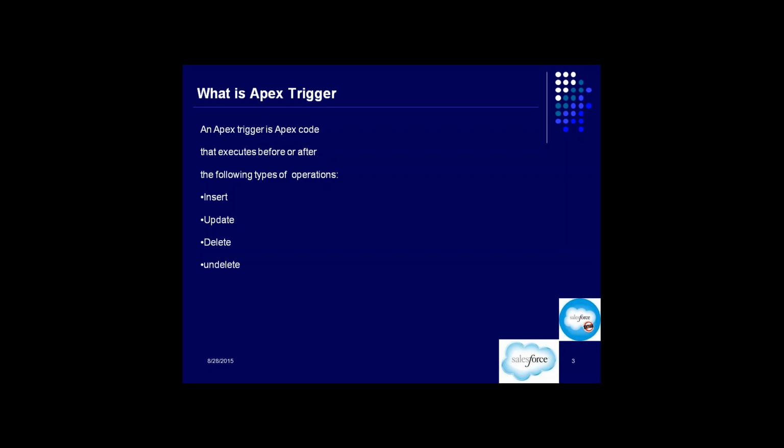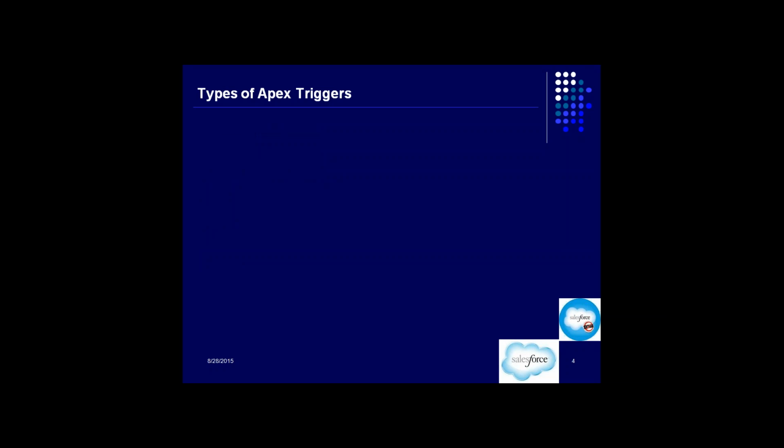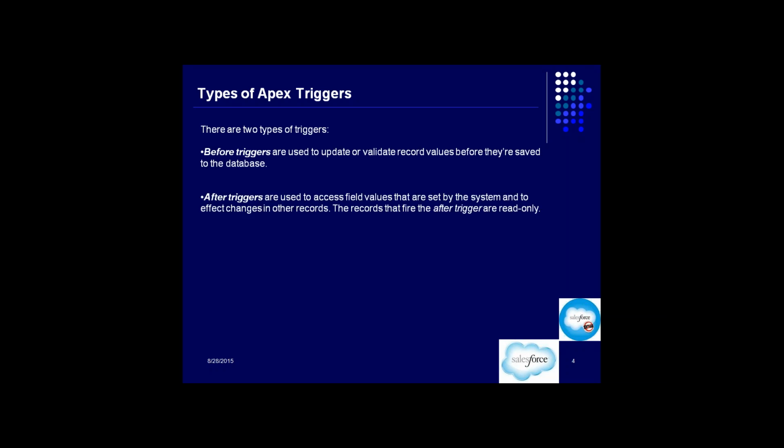So there are two types of Apex triggers. One is the before trigger, and the other is the after trigger. What is a before trigger? Before triggers are used to update or validate record values. See, this validate thing is the key here.